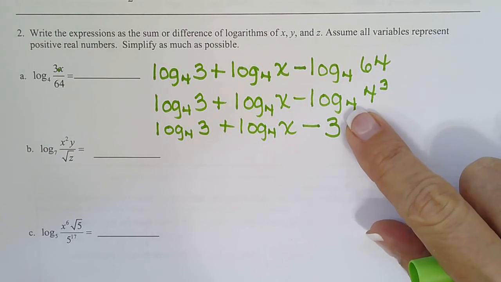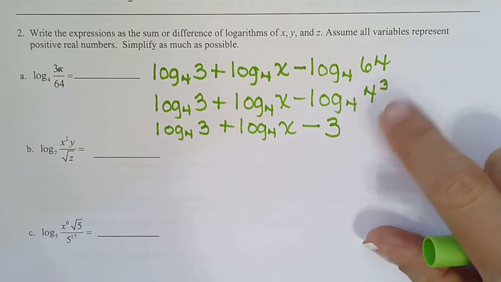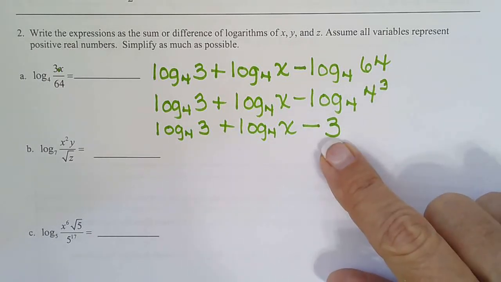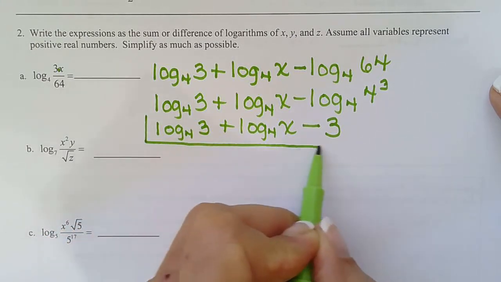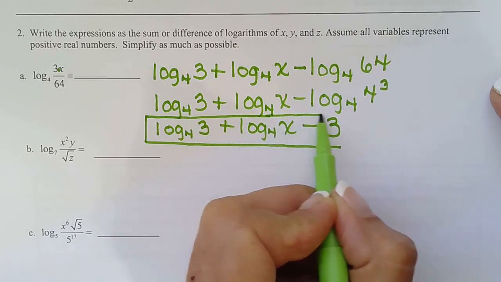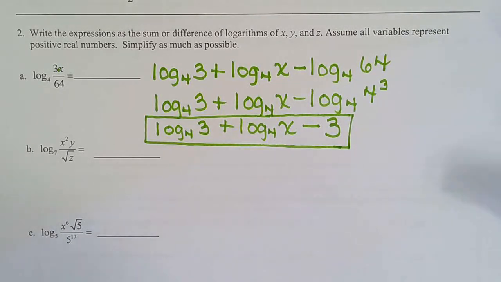So when the base of the log matches the base of the exponent, and this is the exponential, the answer is just the exponent. So this is the total 100% simplified form.